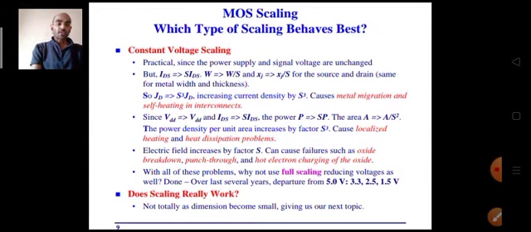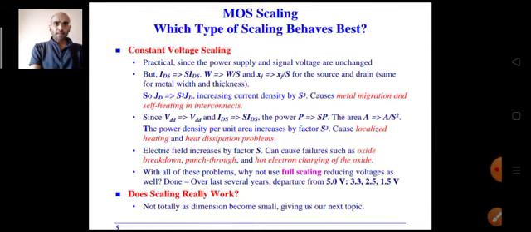Then you cannot replace the old IC with the new scaled IC. So considering this, we go for constant voltage scaling. If you do constant voltage scaling, you can use the same supply voltage to run the new ICs. So that's what the thing is.